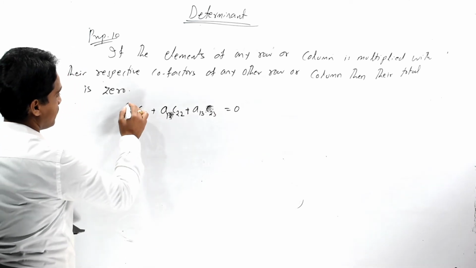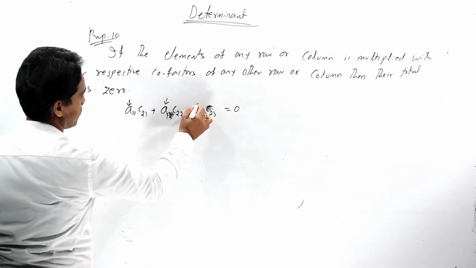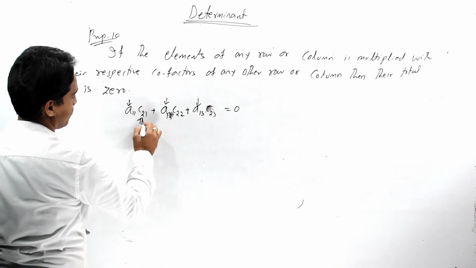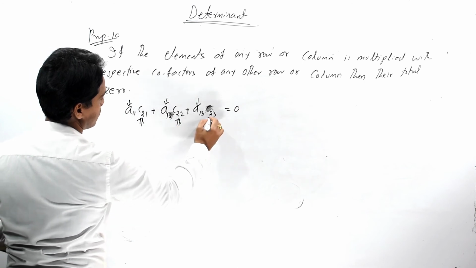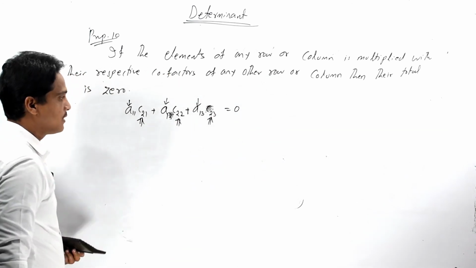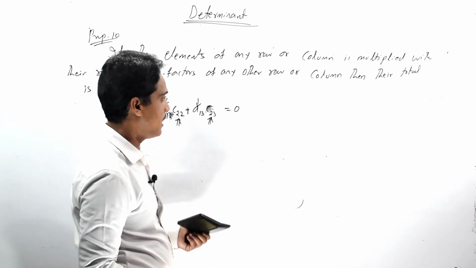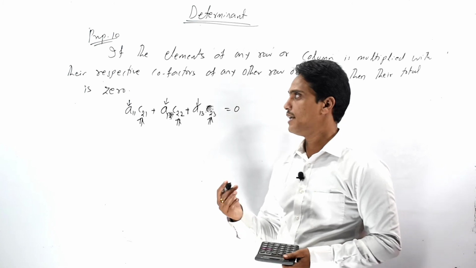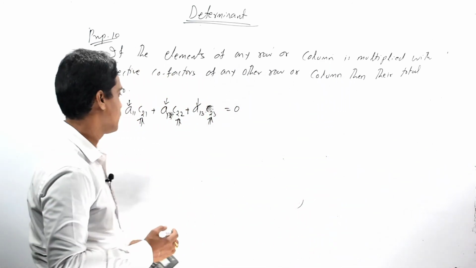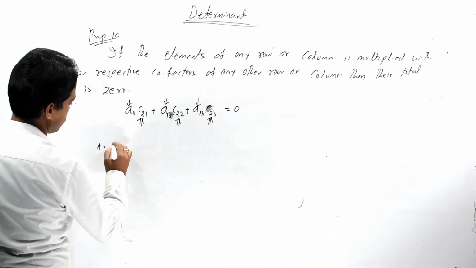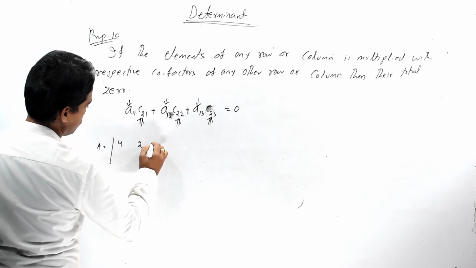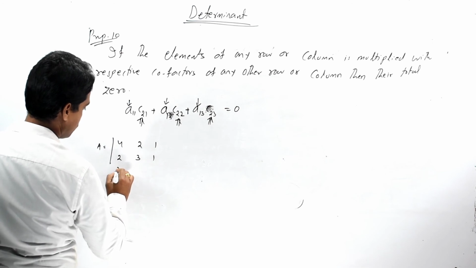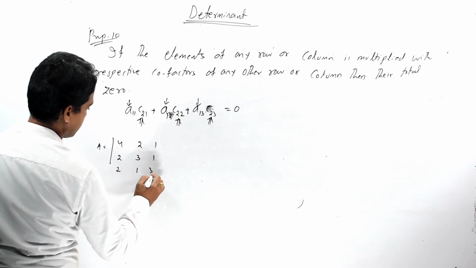Here the elements of the first row are multiplied with the cofactors of the second row, then their total should be 0. So let's take an example. Suppose A equals 4 2 1, 2 3 1, 2 1 3.